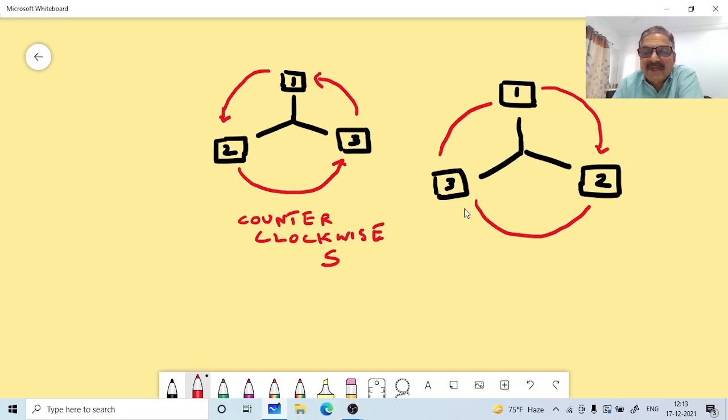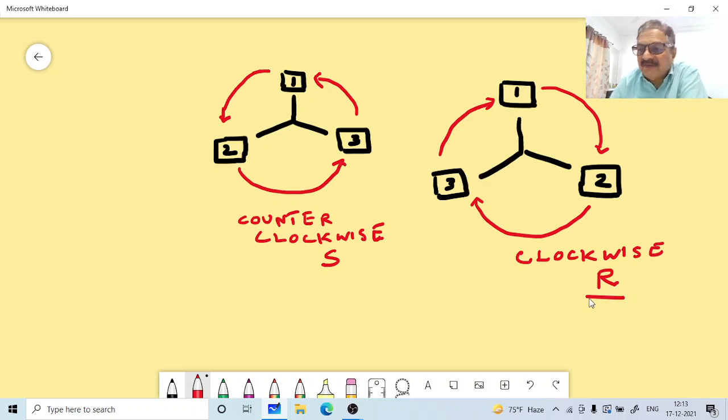This is the nature of the circle. Correct. So 1, 2, 3, this will be clockwise. That is an R isomer. Correct. That is tracing the circle. If the circle is in the clockwise direction, the isomer is designated as R. And if the circle is in the counterclockwise direction, the isomer is designated as S.